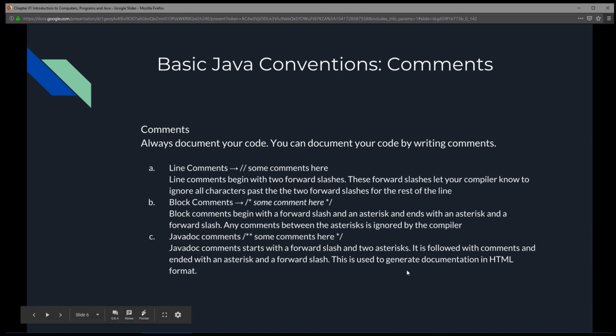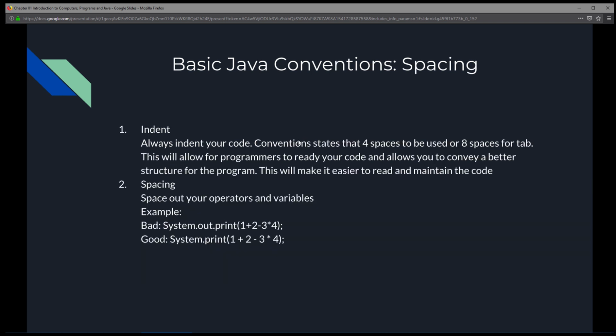Well, it's because they're used to generate documentation in HTML format, and you're going to be doing this a lot. So that's why I want to throw this out there, because even though this is something really basic, it is a Java convention that you should always be practicing. All right. But we'll be moving on and we'll be learning about that later on.